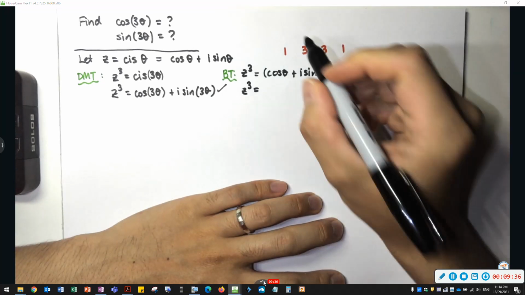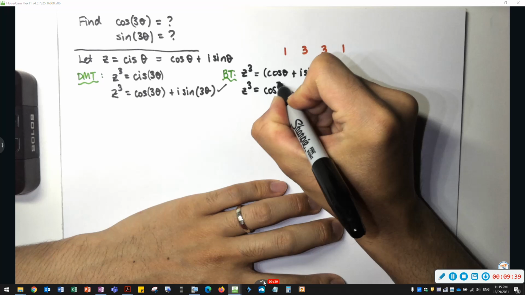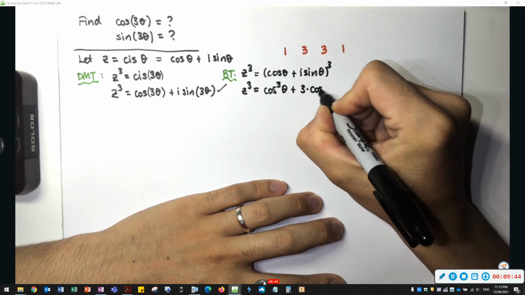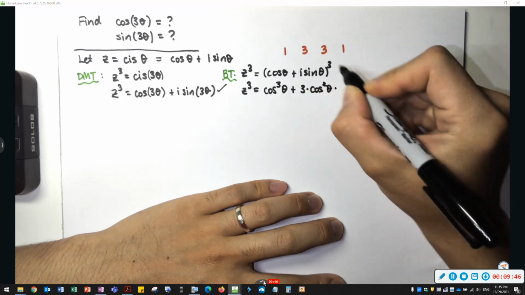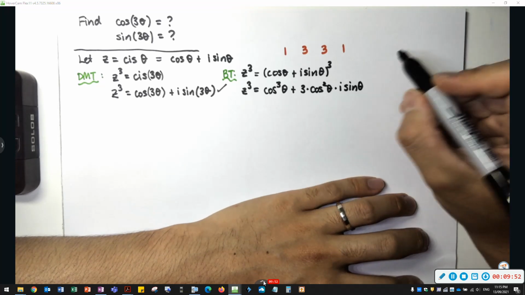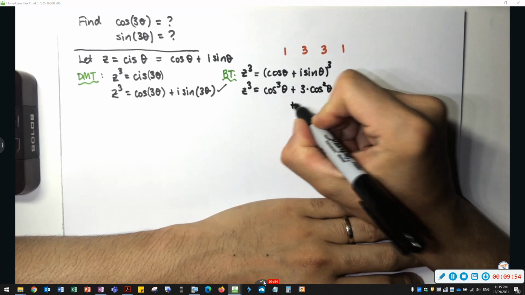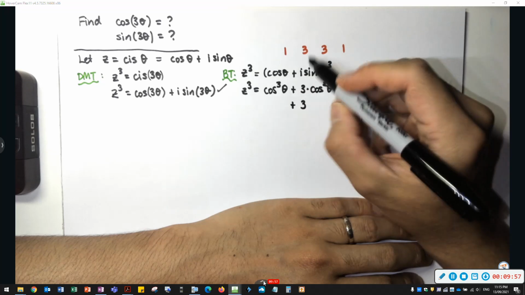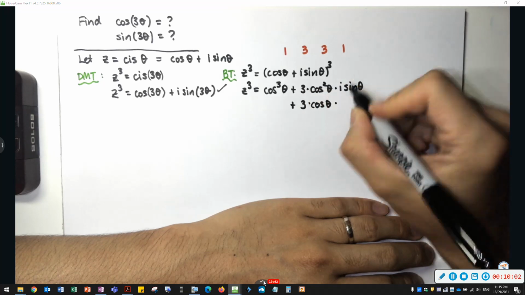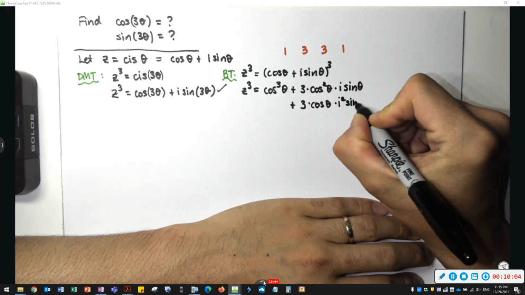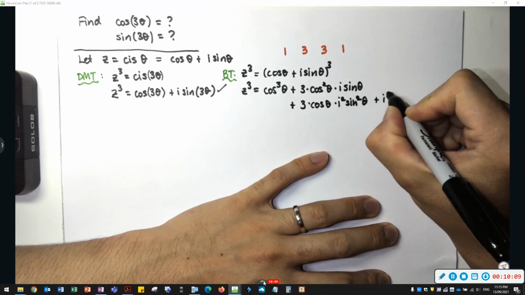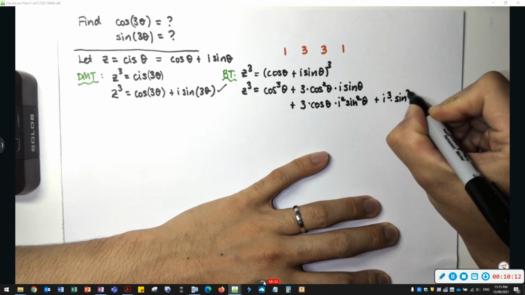So we're going to cube this one first, so you've got cos cubed theta plus 3 lots of this one squared, and then 1 lot of this i sine theta. Okay, moving on. Actually, I'm going to run out of space, so I'll write it down here. Plus 3 lots of cos theta, and then 2 lots of these, so i squared sine squared theta, and then finally we just cube that last term, so plus i cubed sine cubed theta.